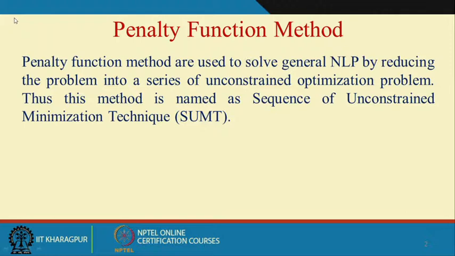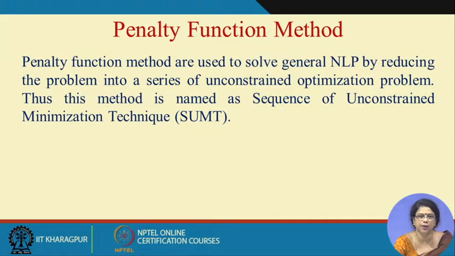with this series of methodology, what we do is convert the constrained nonlinear programming problem into a sequence of unconstrained nonlinear programming problems, and we solve the unconstrained problems with the methods we know.